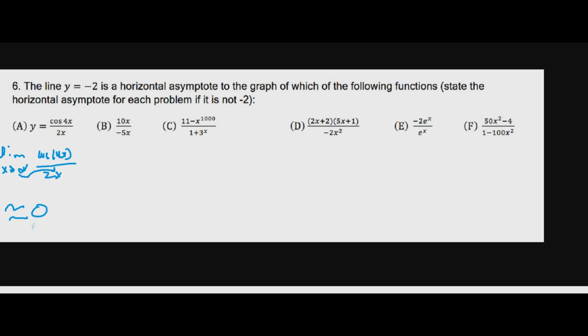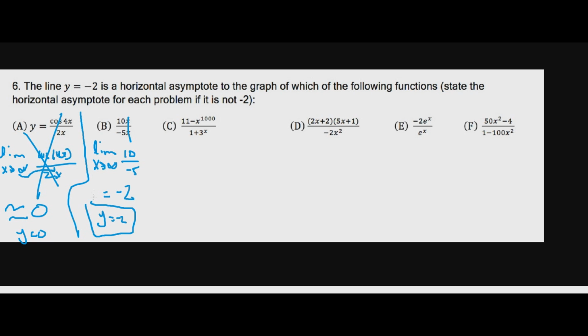Therefore, this is going to approach 0. So y is equal to 0 for a, which is not -2, so we can cancel that out. Over here, the limit as x approaches infinity, these cancel out, and we're left with 10 divided by -5, which is -2, because 10 divided by 5 is 2, but we still have a negative. Well, hello, that is one of the answers, because that's what it was asking for right over here.